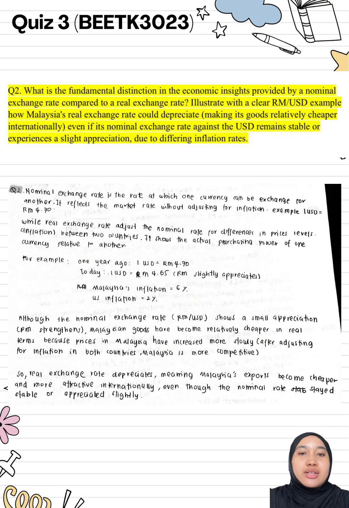Although the nominal exchange rate shows a small appreciation, Malaysian goods have become relatively cheaper in real terms because prices in Malaysia have increased more slowly. Now the real exchange rate depreciates, meaning Malaysia's exports become cheaper and more attractive internationally, even though the nominal rate stays stable or appreciated slightly.